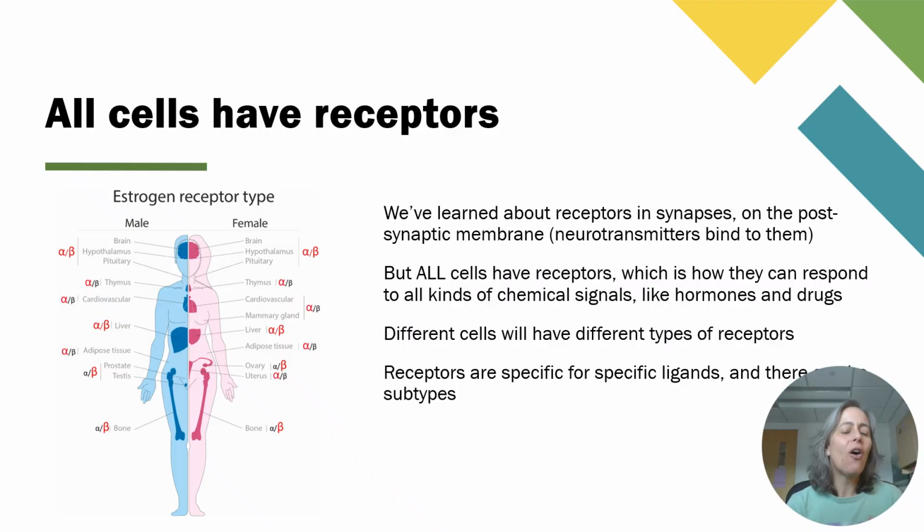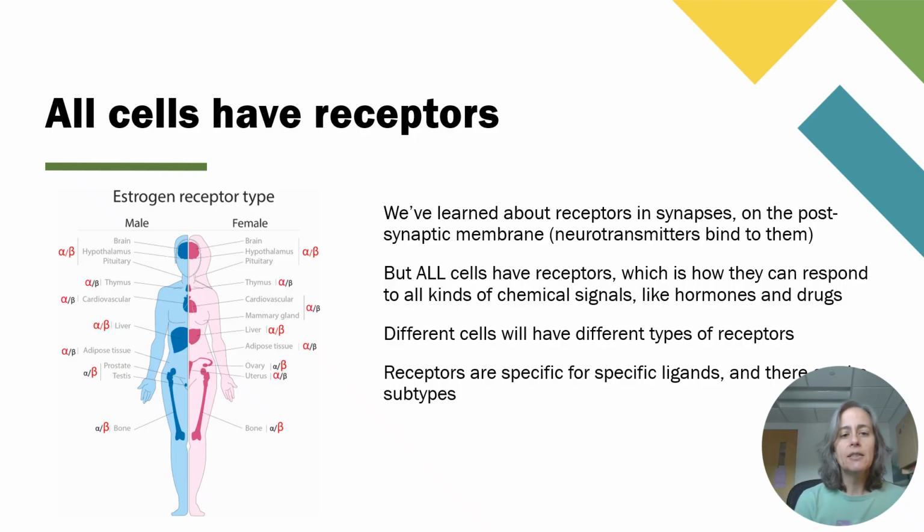But it turns out that all of our cells have receptors on them, and that is how they can respond to things like epinephrine circulating in the bloodstream or other hormones. That is how we can signal to cells things that we want them to do or ways that we want them to behave. So just keep that in mind. All cells have receptors, therefore for all cells we can give a drug or a substance that will influence the way they behave. Different cells have different types of receptors.